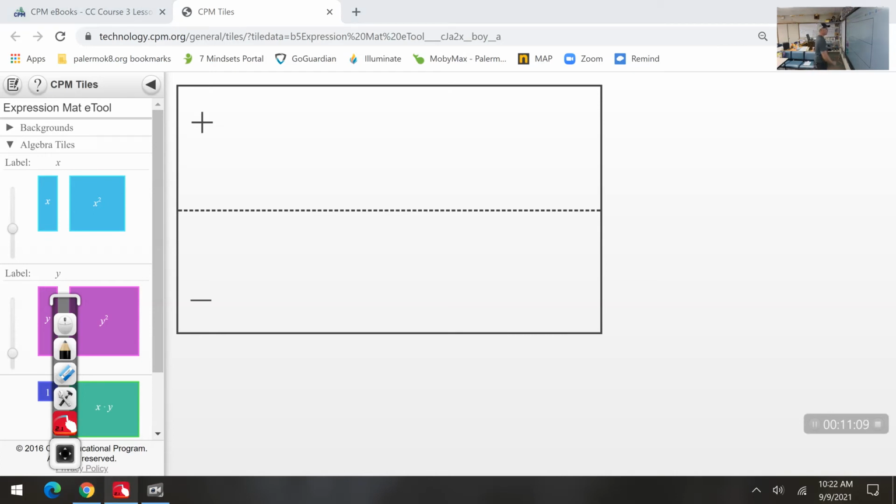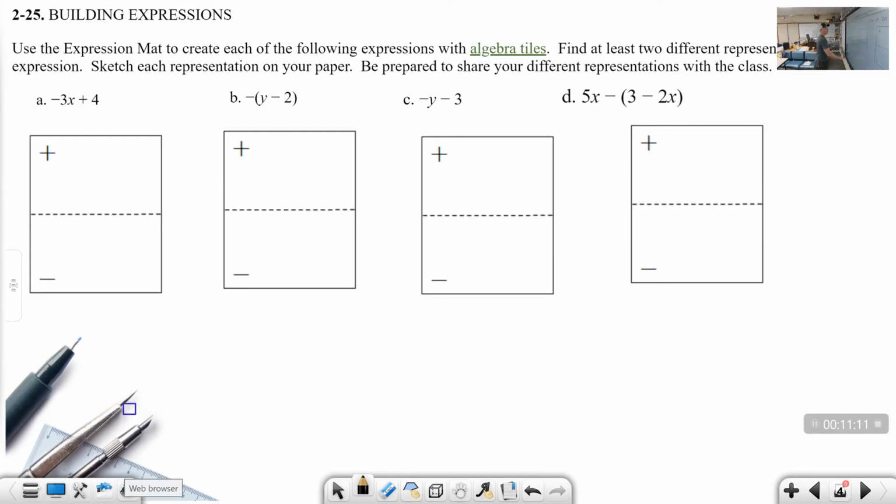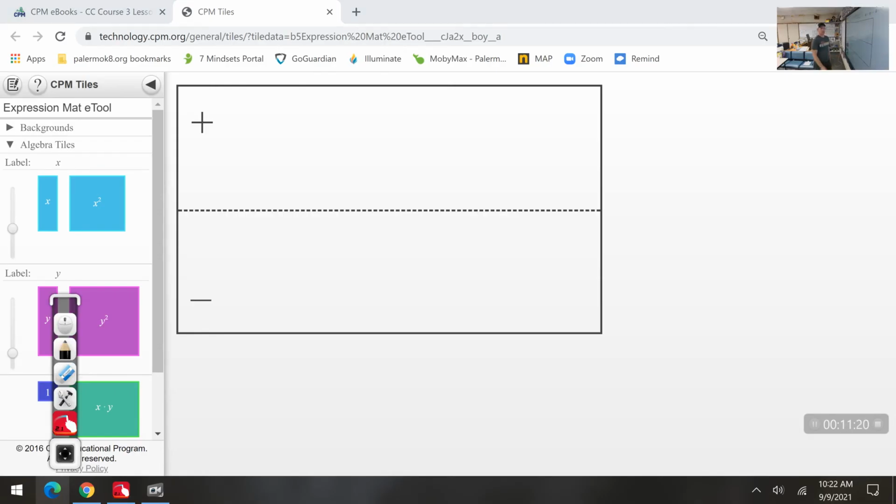The next problem, letter B, is going to be negative parentheses y minus 2. Negative parentheses. What does that tell me? Negative parentheses. Oh, that tells me everything is going to happen down here in the negative region. So let's see. Negative parentheses y.